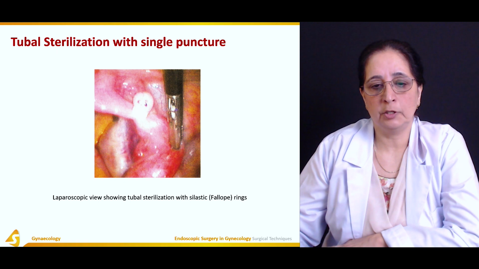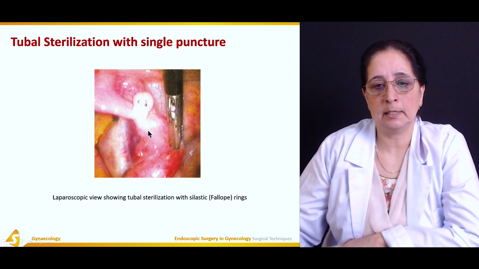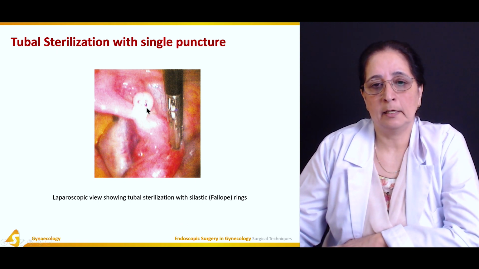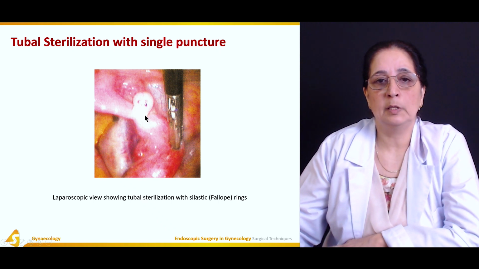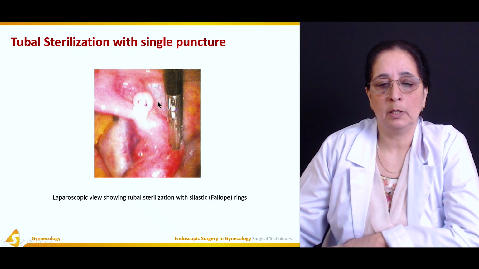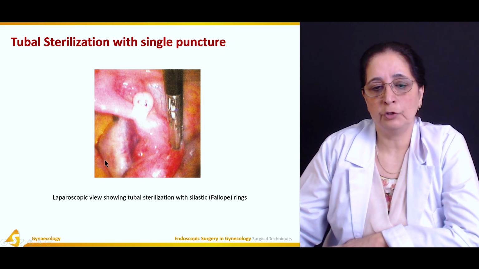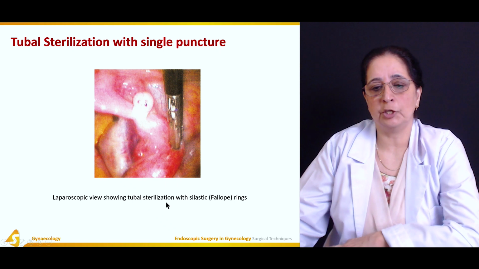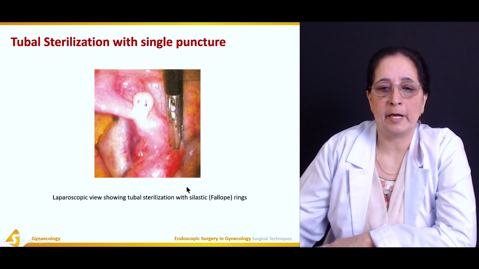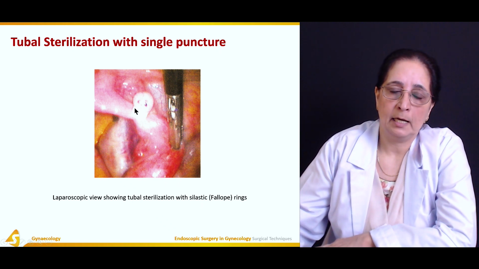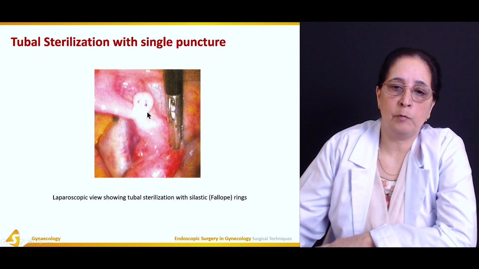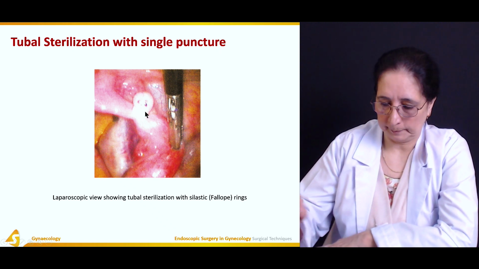This is the picture, this is the ring. This is another method of achieving tubal sterilization. Here, a laparoscopic view showing tubal sterilization with silastic ring. In this, the ring is applied and that can block the fallopian tube.